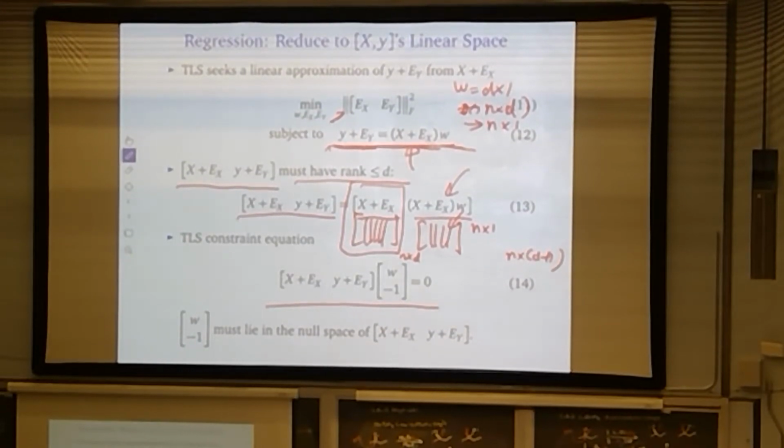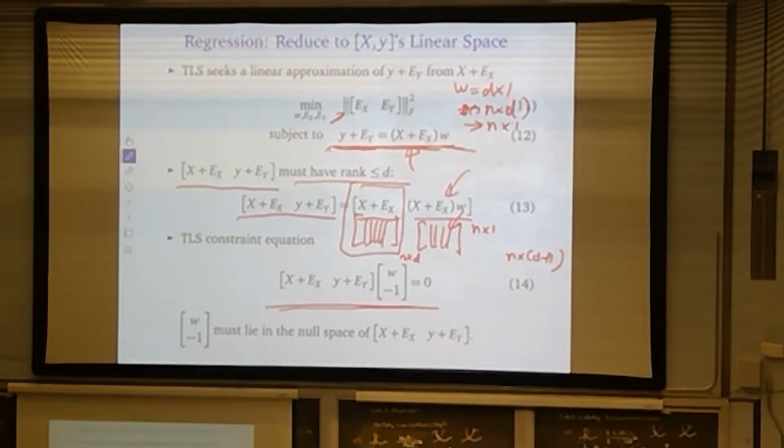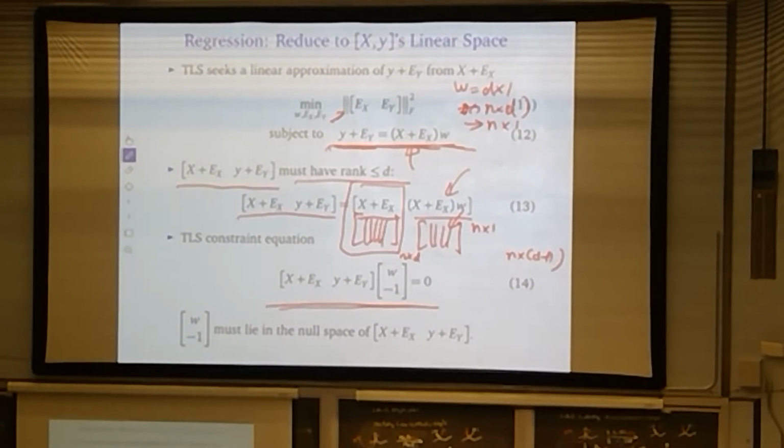So this equation in the matrix form shows that W minus 1 has to be in the null space of this matrix. That's just definition of null space. Right? If it's a full rank, whatever this is, it can only be 0, 0, 0, and that cannot be because this last element is non-zero. So we know this has to lie in the null space of this. At least it contains one vector in the null space.